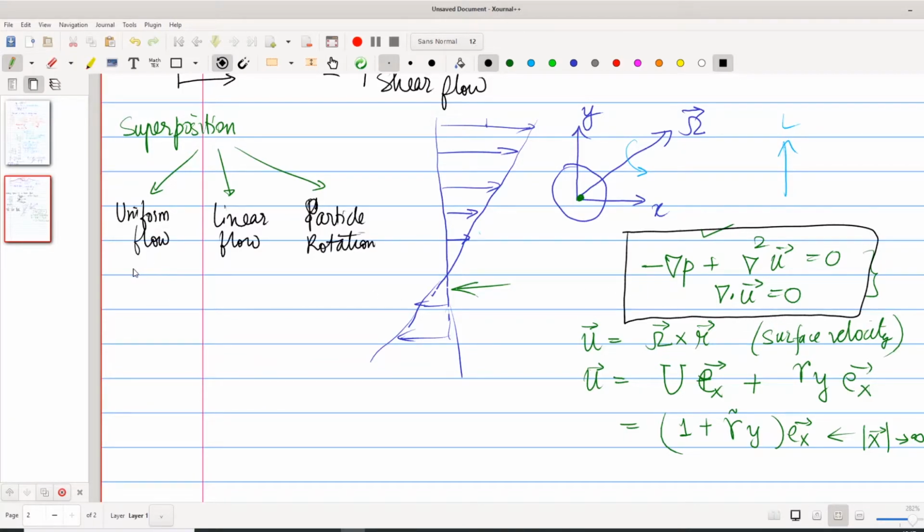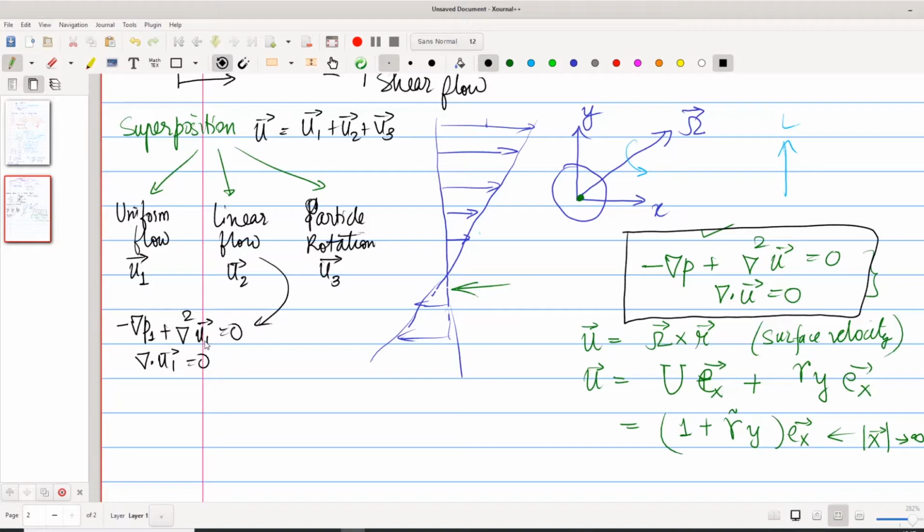Let the velocities be u1, u2 and u3. The total velocity u will be u1 plus u2 plus u3. So the governing equation for the first will be minus grad p1 plus nabla square u1 equal to 0, nabla dot u1 equal to 0. Similarly, for the linear flow, the governing equation will be the same, except with subscript 2 instead of subscript 1. Similarly, for the rotation, the equation will be the same, except with subscript 3.